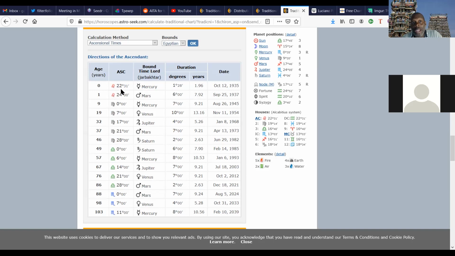So when Luciano Pavarotti was born, the time period of his bound lord was 1.96 years. That took him from October 12th, 1935 to September 25th, 1937. So you should be looking at what the bound lord is for where we are right now in our life.